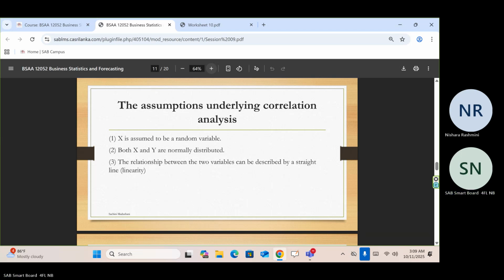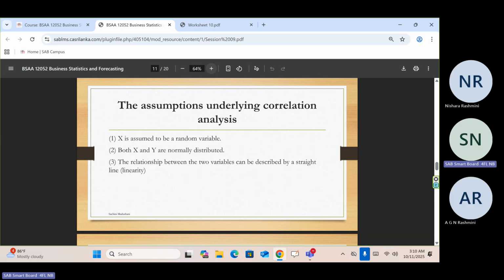Then the third one is that the relationship between two variables can be described by a straight line. Before finding the correlation coefficient or numerical values, we need to check whether there is a linear relationship or not.